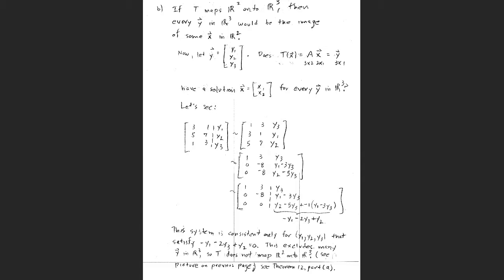Okay, hang on. I switched rows 1 and 3. Okay, I switched rows 1 and 3. And then I switch rows 2 and 3 after.